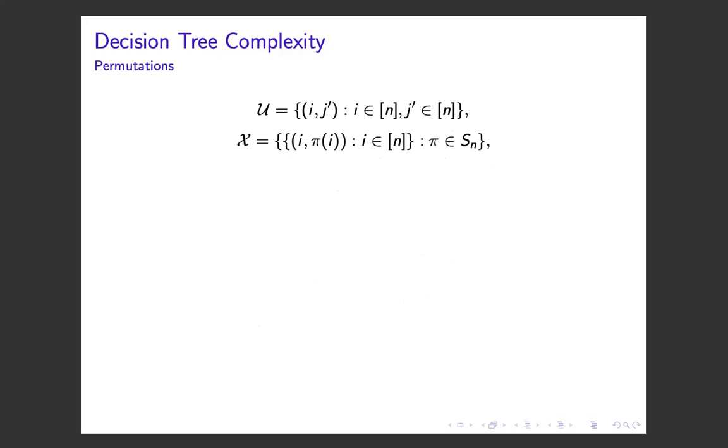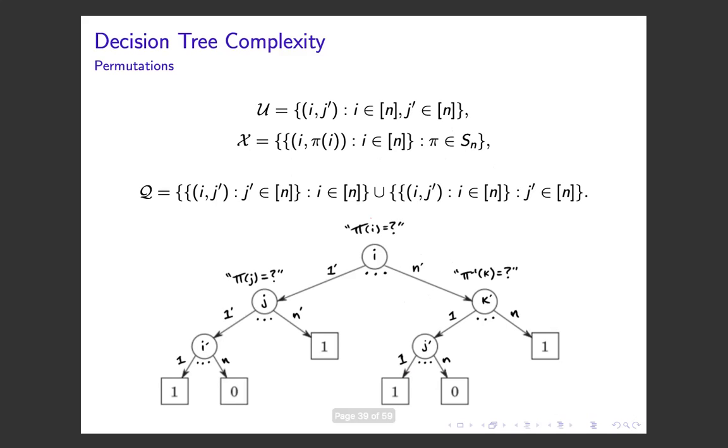As we saw before, we can think of permutations in this regard. So there's X. And now for Q, our set of allowed queries, it's a little bit hard to parse at first.